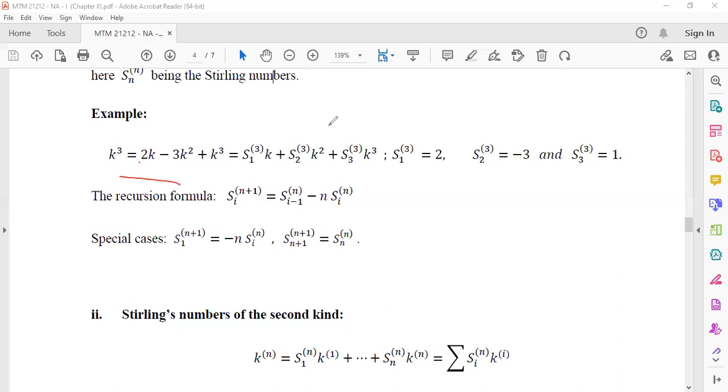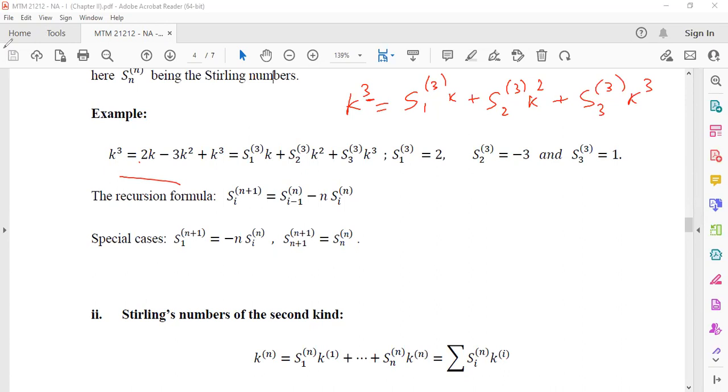So k cubed. Using the Stirling number system, S1 3 of k plus S2 3 of k squared plus S3 3 of k cubed. So you have to go up to this point, isn't it?